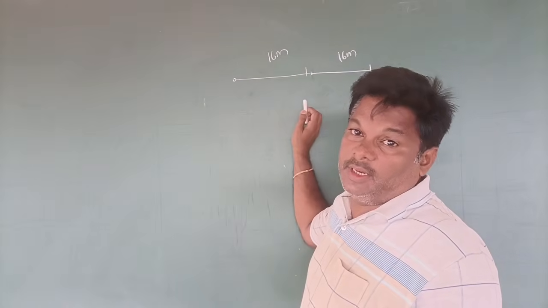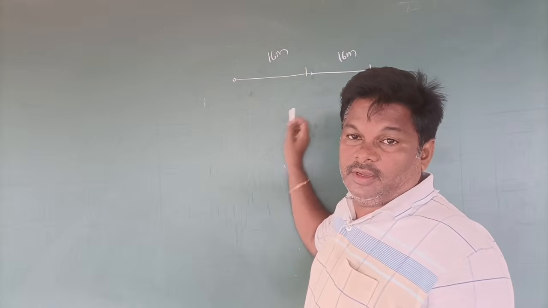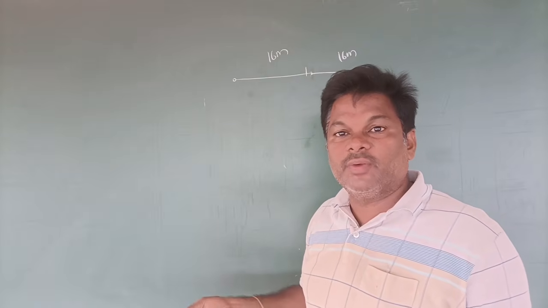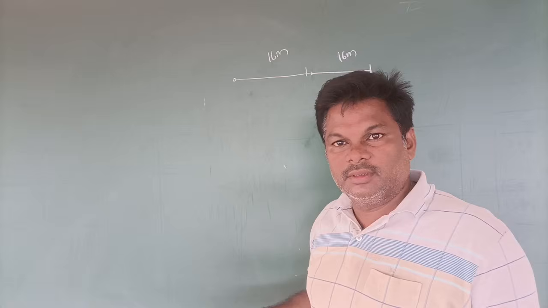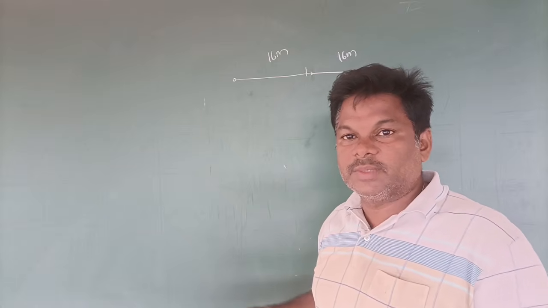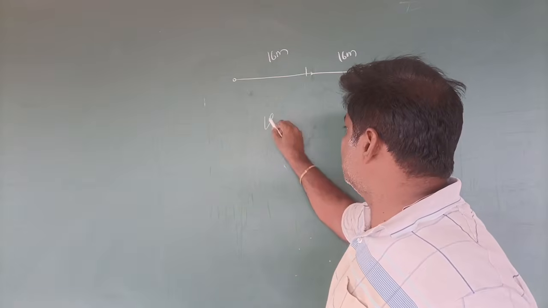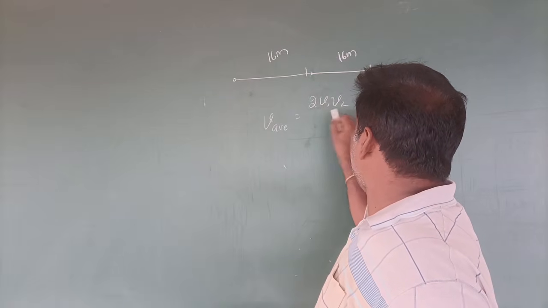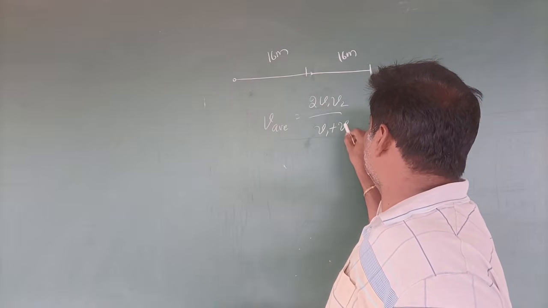We have a formula that when an object covers the same distances, or half of the distances, with different speeds, then average velocity V average is equal to 2v1 v2 by v1 plus v2.